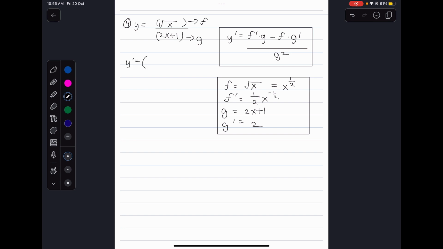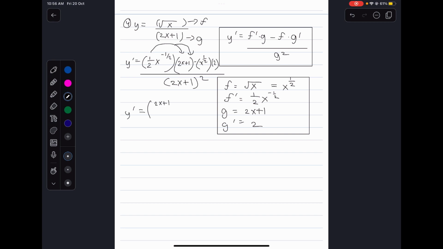So f prime is 1 over 2 x to the power of negative 1 over 2, and g is 2x plus 1. f, which is x to the power of 1 over 2, you can also just write square root of x, and g prime, which is 2, all over g squared. g is 2x plus 1, so we have (2x plus 1) squared.